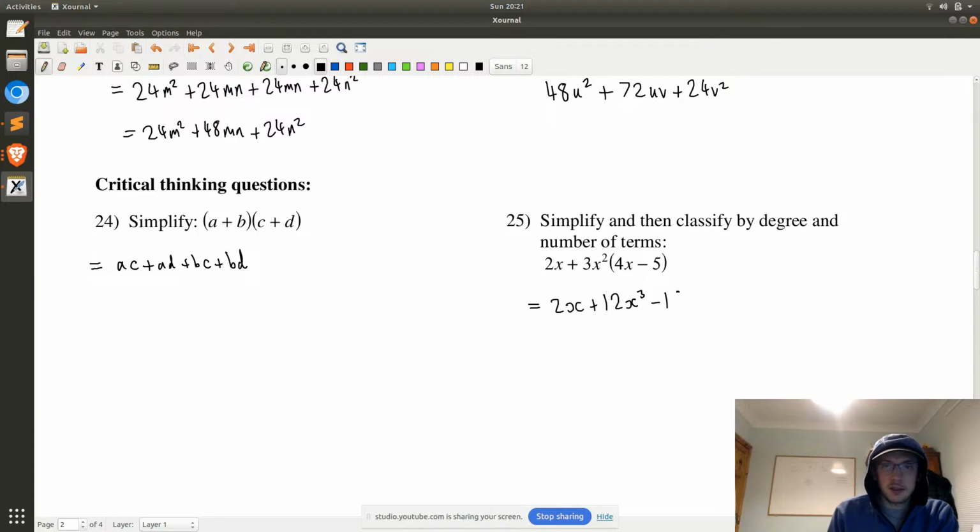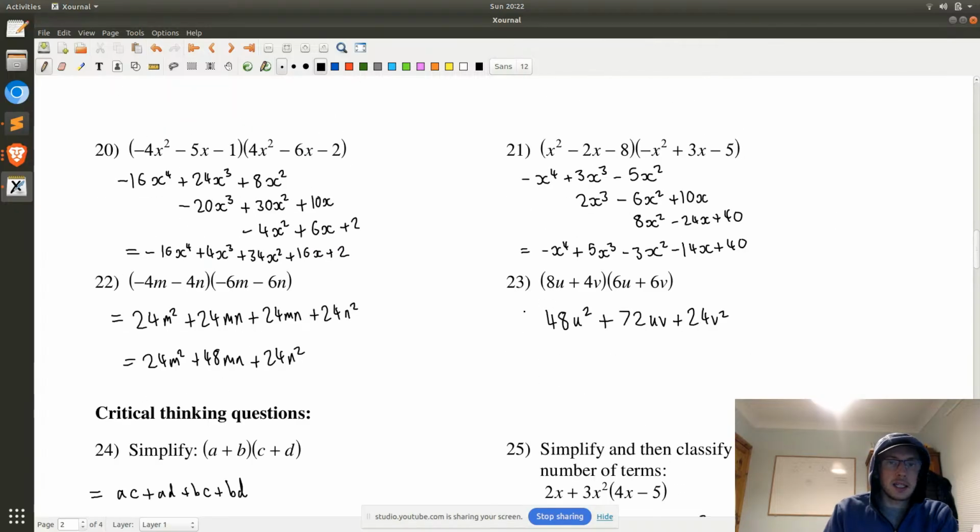Take 15x squared. Now, in order, in descending powers of x, 12x cubed, take 15x squared plus 2x. So this is a cubic with 3 terms, so a trinomial. Cubic trinomial. And now to check.